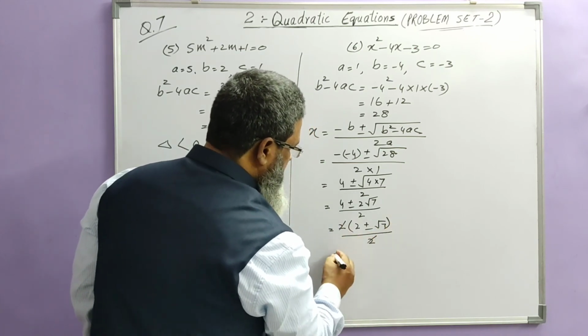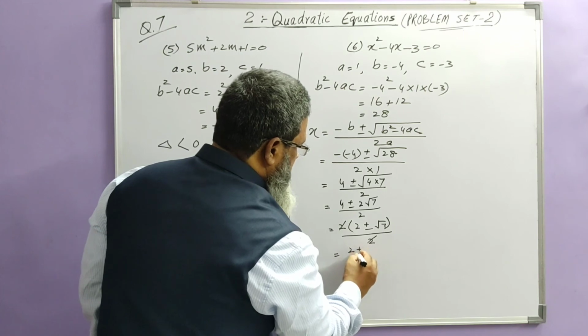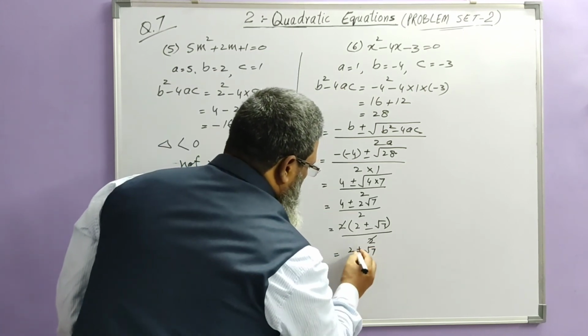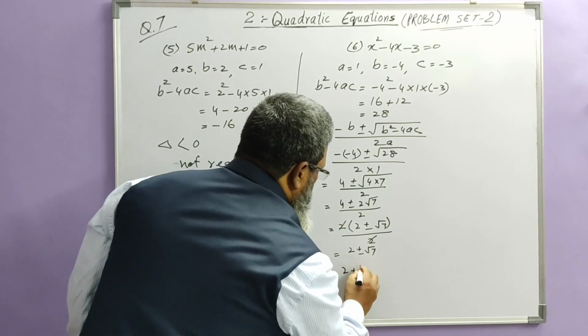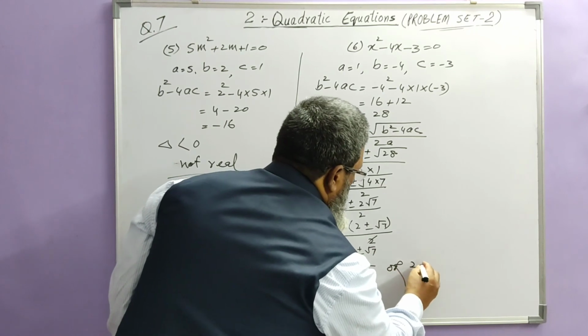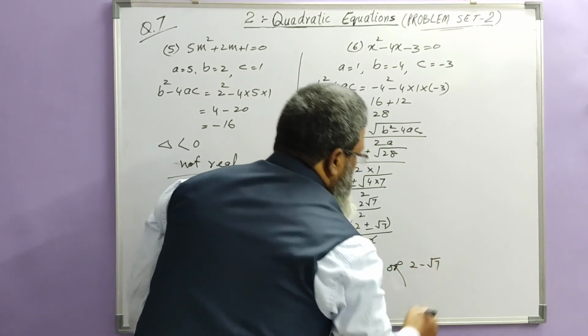This 2 gets cancelled. So 2 plus minus root 7 means you will get two answers, 2 plus root 7 or 2 minus root 7.